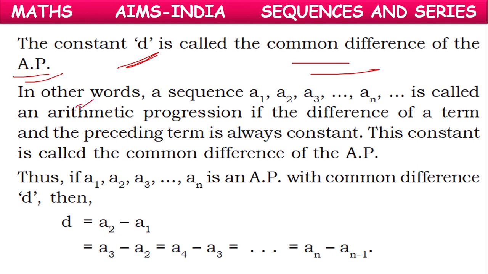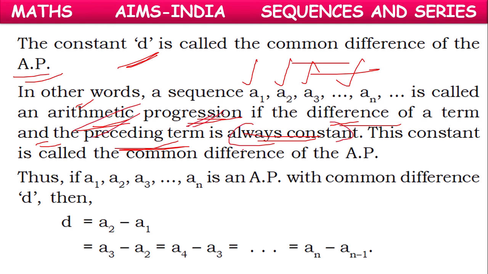In other words, a sequence a1, a2, a3, an is called an arithmetic progression if the difference of a term and the preceding term is always constant. If the difference is always constant, then it is called an arithmetic progression. So this constant is called the common difference.